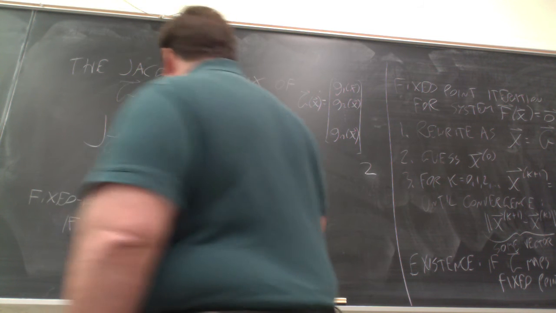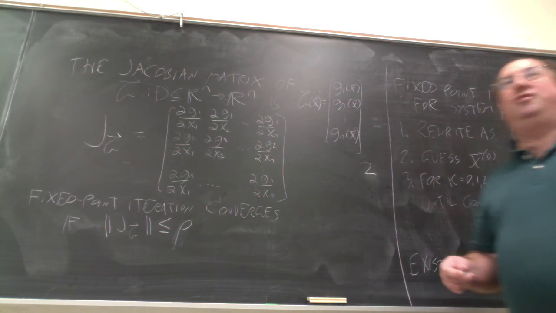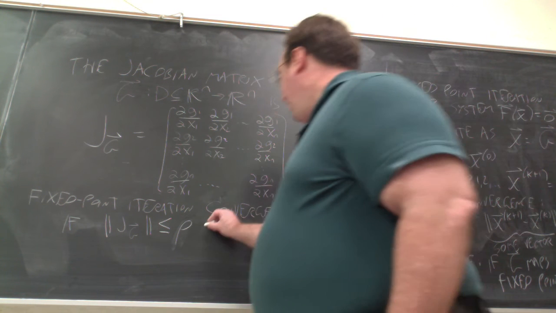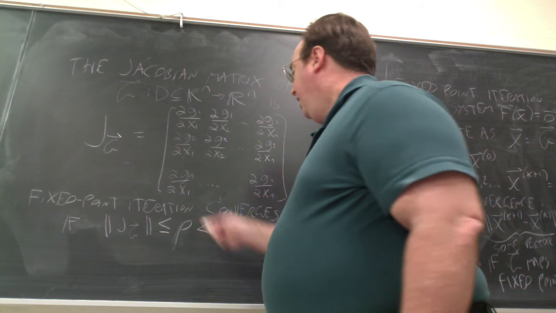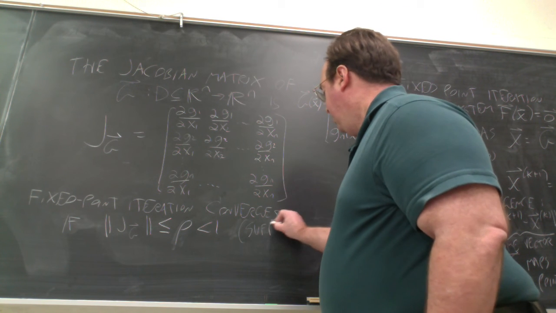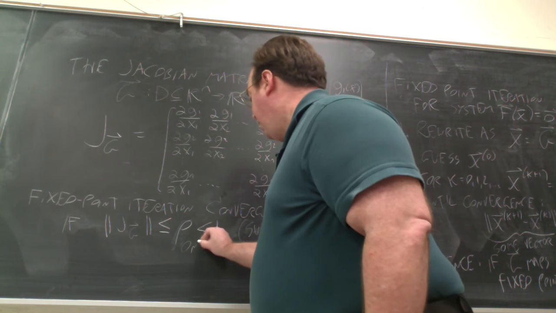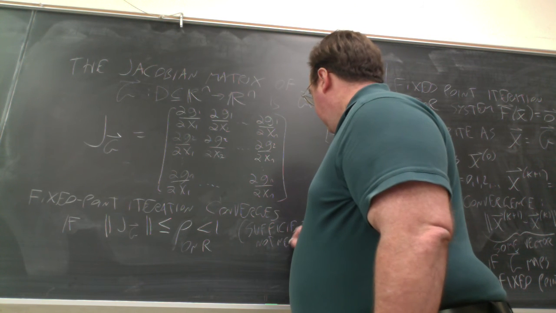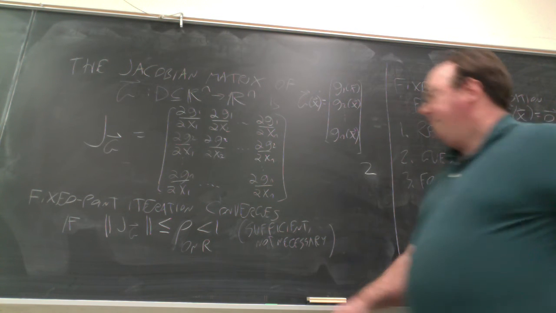In the book I call it rho, not sure why I did, but it's the same idea as the constant L, the Lipschitz constant from the single variable case. Now I should emphasize this is sufficient for convergence on our domain R. It is sufficient, not necessary.